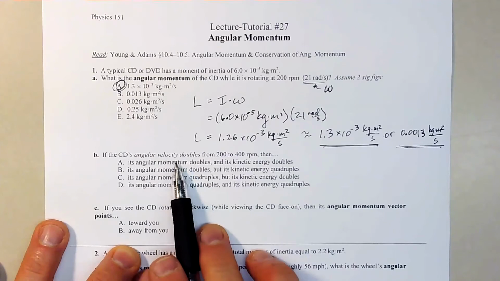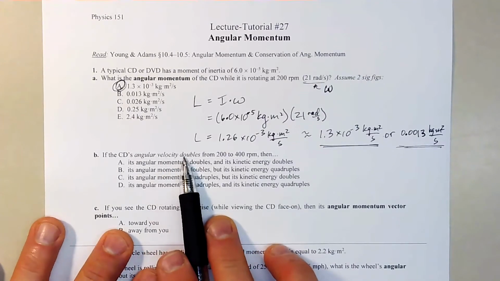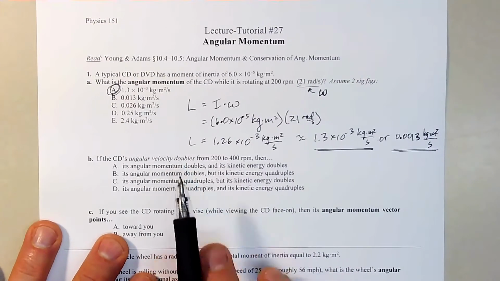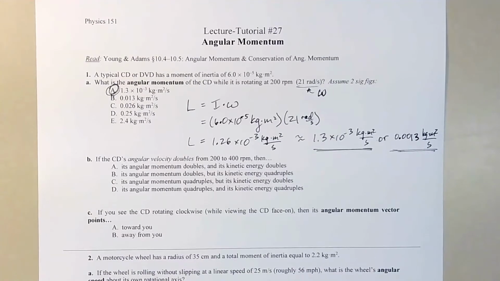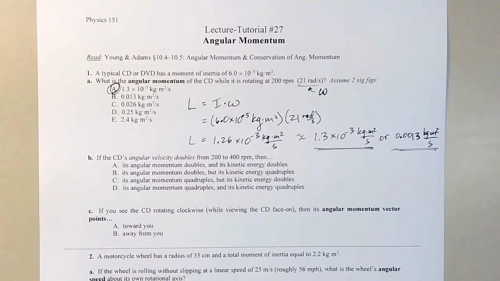Now, if you were to double the angular velocity of this CD, and this is what happens in actual CD or DVD players, as the little laser and lens that's doing the reading moves from the inner radii to the outer radii of the disc, as you go from, let's say, the start of the movie to the end of the movie, or the start of the album to the end of the album.